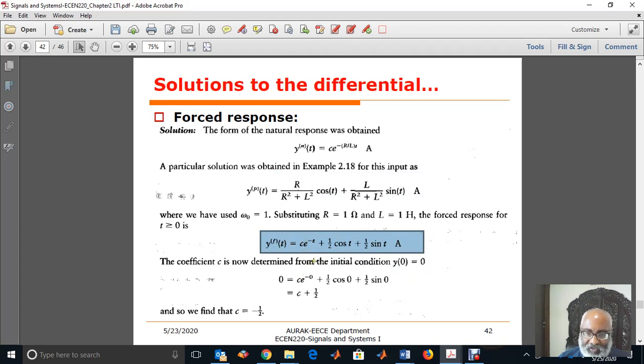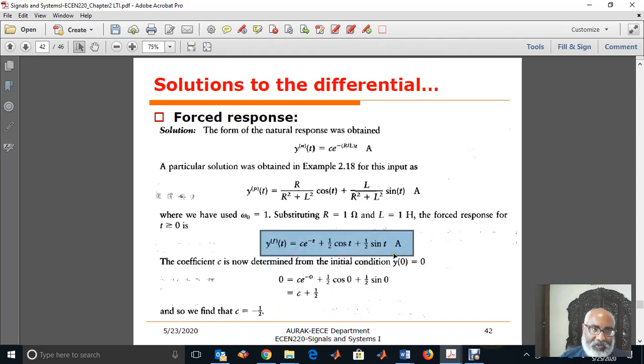So y forced at t equals 0 is 0: C e to the power of 0 plus half cos 0 plus half sin 0 is equal to 0. Then C will be negative half. So this way we found the forced response.